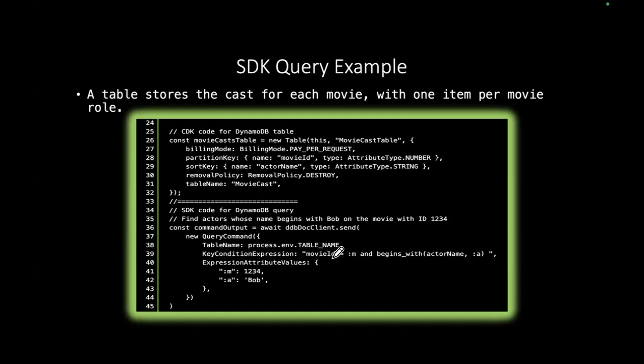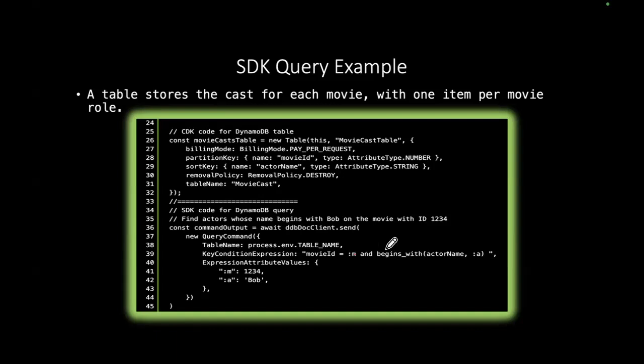So the movie ID, which is our table's partition key from up here, movie ID has to be equal to, this is just a placeholder, colon M. Colon M gets its value down here. I know it's a little bit complex, but there you go.